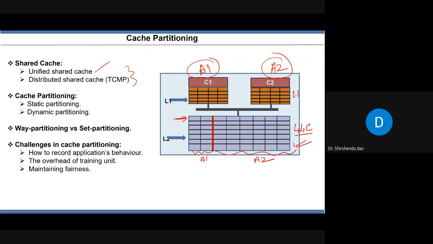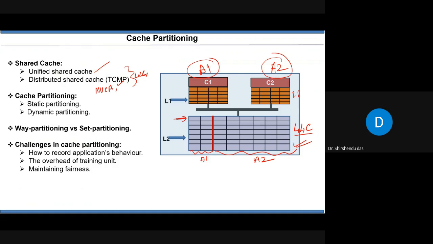I'll use these terms many times in this course, and I'll assume that you know the low level idea and concept of them. These four terms are very important: NUCA, TCMP, then LLC, what are all these, right? Then shared cache. I'll just use these terms, and you have to understand the internal meaning of them. So if at any point something is not clear, please watch the previous video and try to clear these concepts.